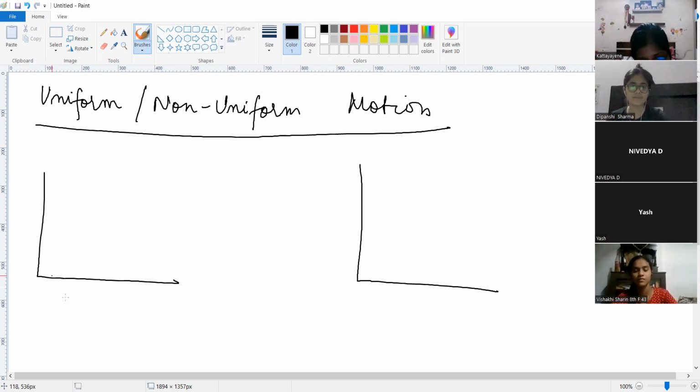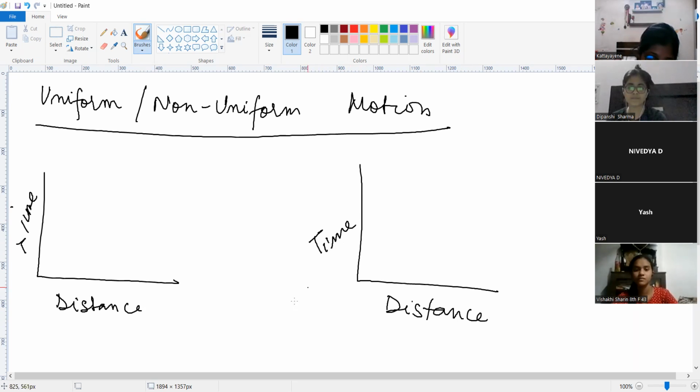So uniform motion में is displayed as a graph which has distance and time. So in case of uniform motion, it is consistent. जैसे जैसे distance ज़्यादा हो रहा है, वैसे वैसे time भी ज़्यादा हो रहा है.